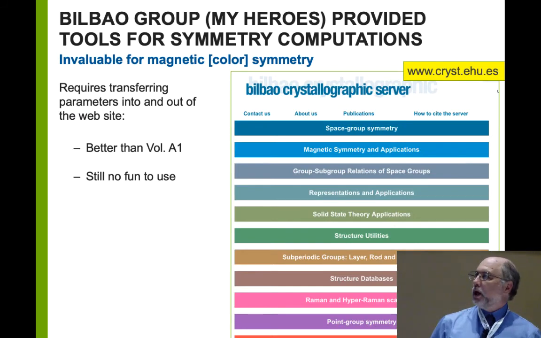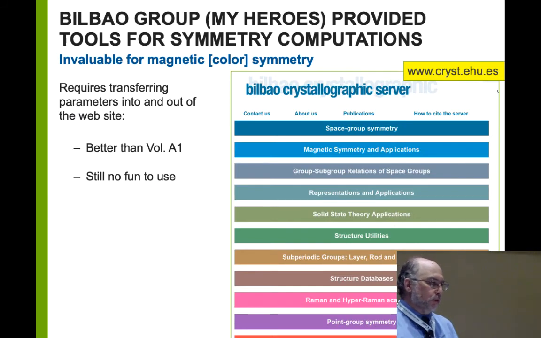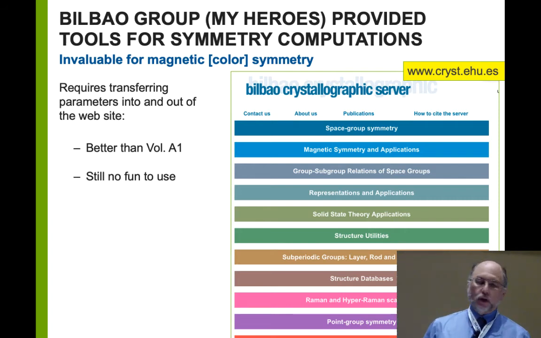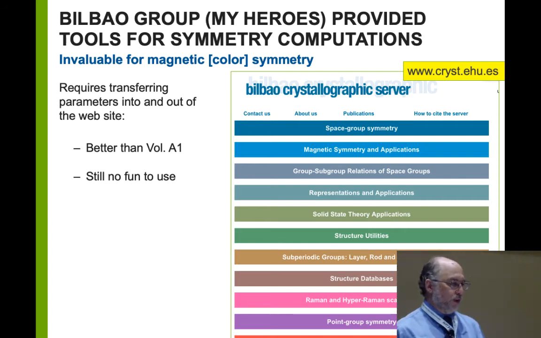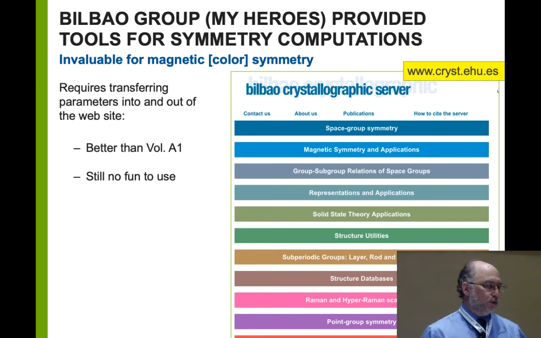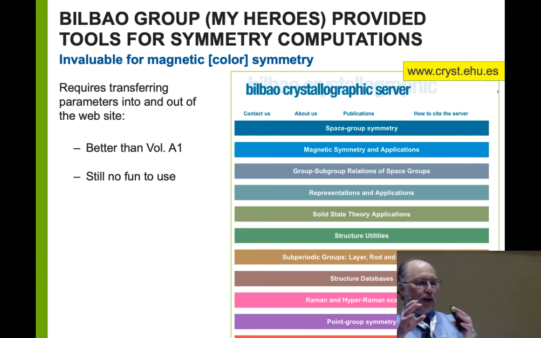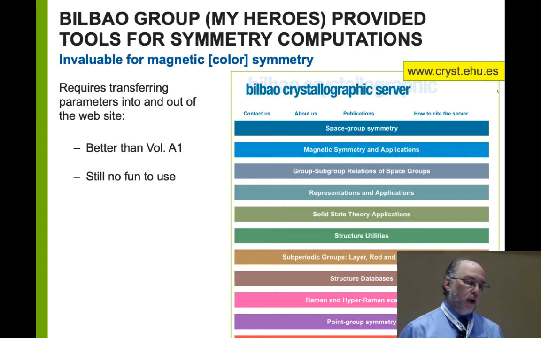However, the world capital of symmetry is Bilbao, and those folks have created a website that does just about everything you would want to do with symmetry. Problem is that it's still no fun to use because you've got to take whatever you've got and cut and paste it onto web pages if you want to do anything. But I still recommend this highly.